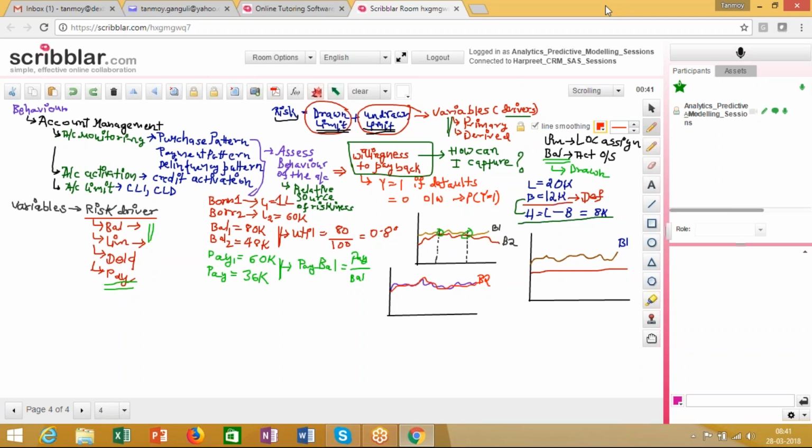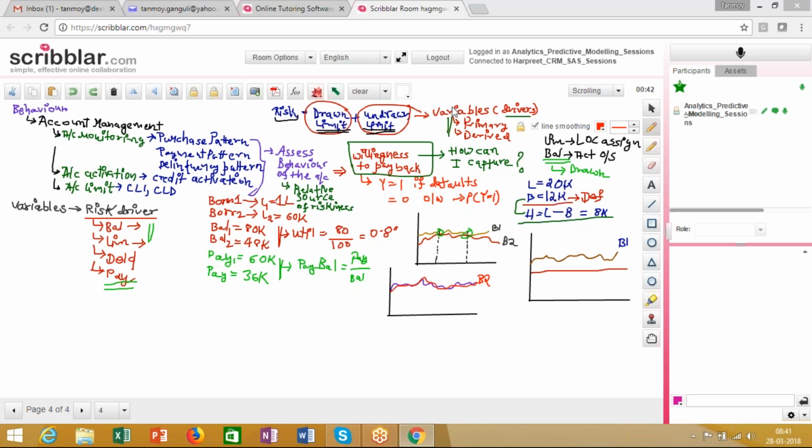So by this kind of analysis, when we are doing it on the data, we will be performing this kind of analysis to frame an idea about the relative riskiness of the borrowers. Great.